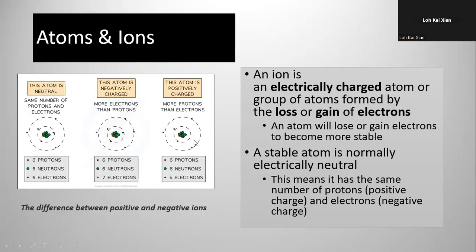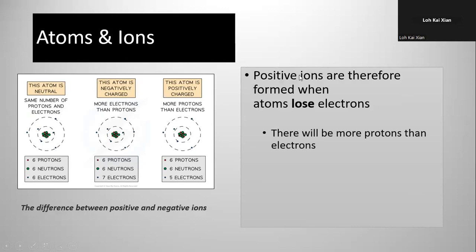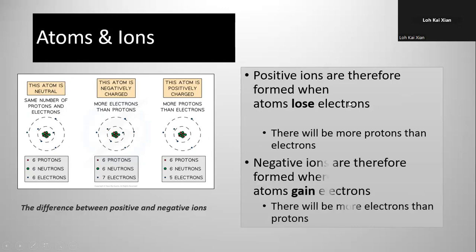If it's positively charged, it has 6 protons, 6 neutrons, 5 electrons. It has lost 1 electron. Right? That's the difference between atoms and ions. Positive ions are therefore formed when atoms lose electrons. Negative ions are therefore formed when atoms gain electrons.